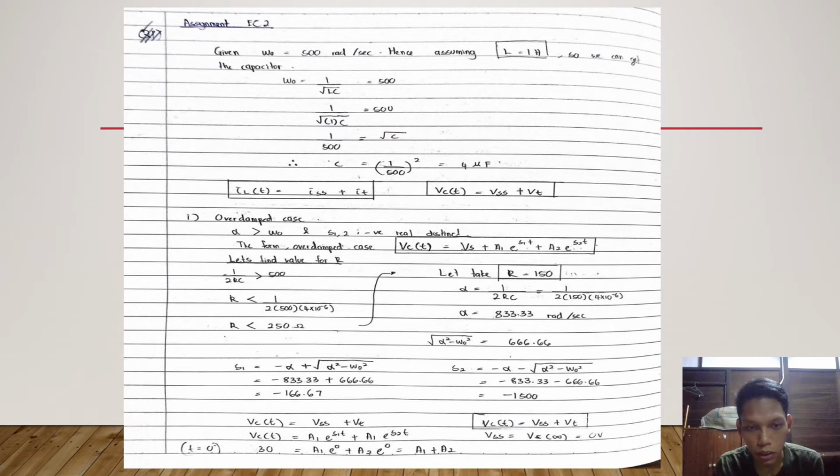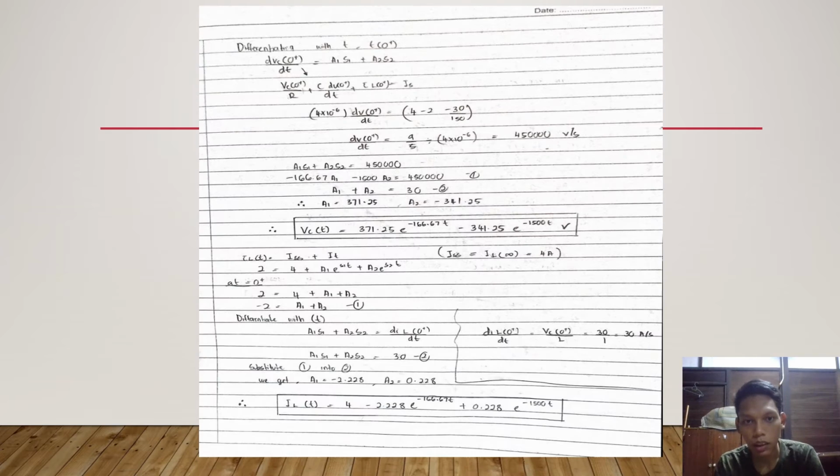From that, vC(t) equal to vC(ss) plus v(t), and vC(0) equal to 30. We get vC(0) equal to A1 plus A2. Differentiating, dvC over dt at 0 equal to A1 s1 plus A2 s2.